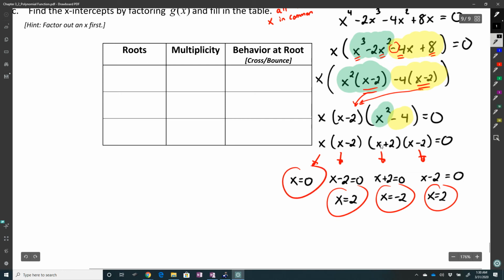So my x-intercepts are, in this case, roots. Remember, roots is the other term we use for them. The other term is zeros, or x-intercepts, all the same thing. So x equals negative 2, x equals 0, x equals 2. Negative 2 happened once, 0 happened once, but 2 happened twice.